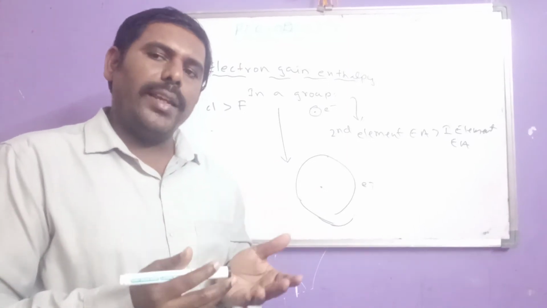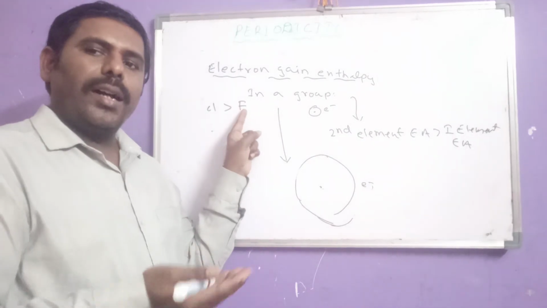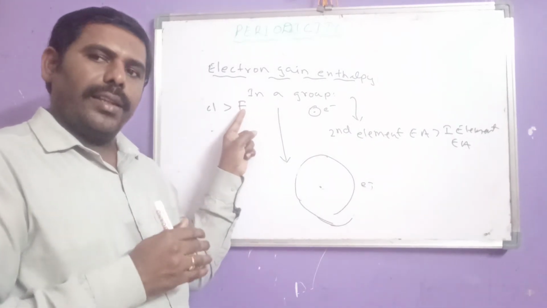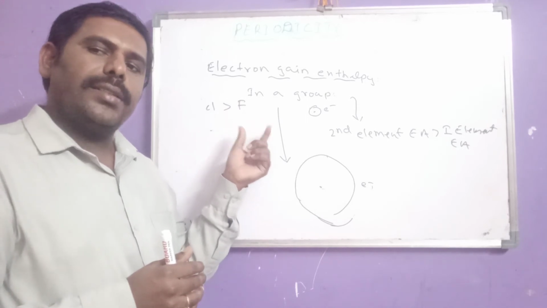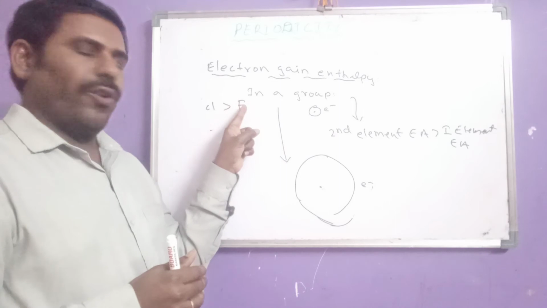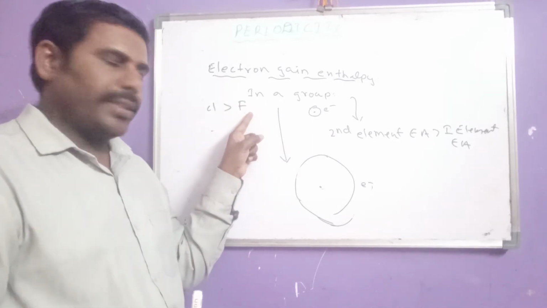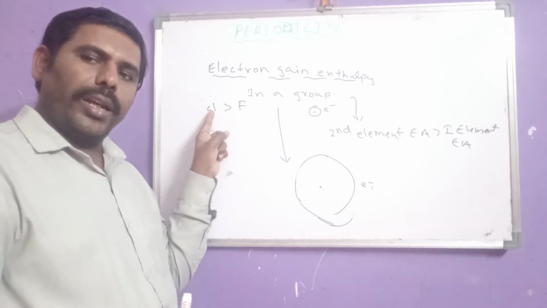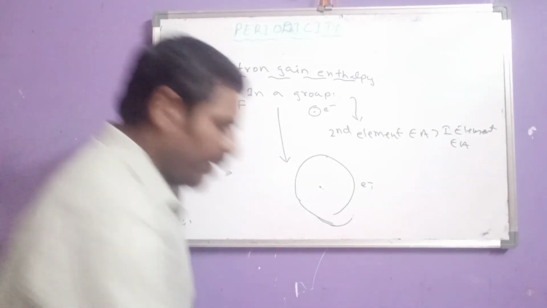Due to high electronic repulsion, fluorine can't gain an electron easily. So due to smaller atomic size and high interelectronic repulsion, fluorine's electron gain enthalpy is less than that of chlorine, Cl.